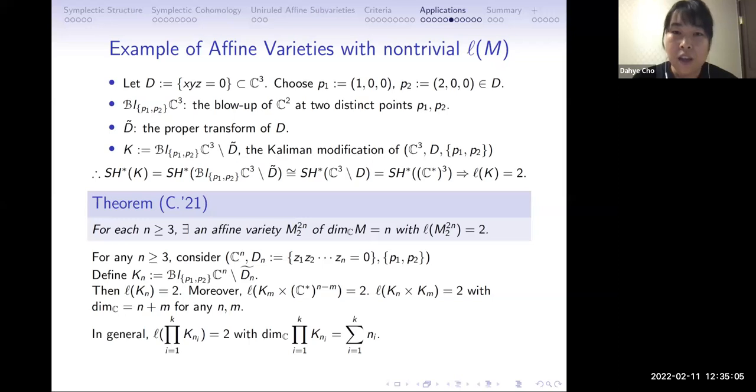And using this idea, we can construct examples in each dimension. We can have an affine variety with L invariant equal to 2, and a product formula.